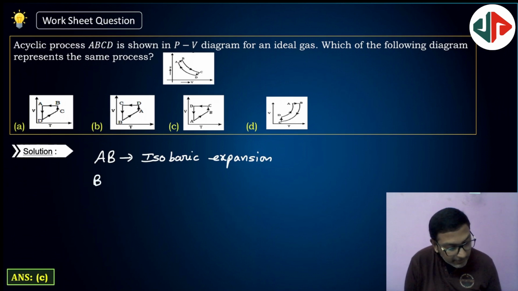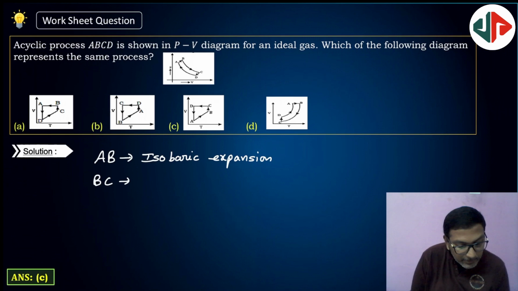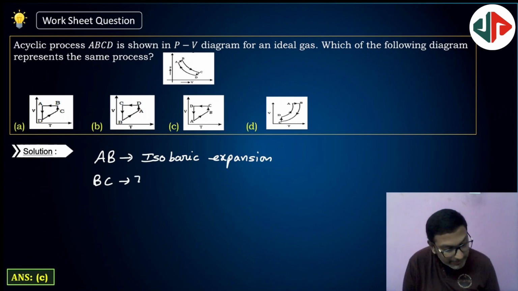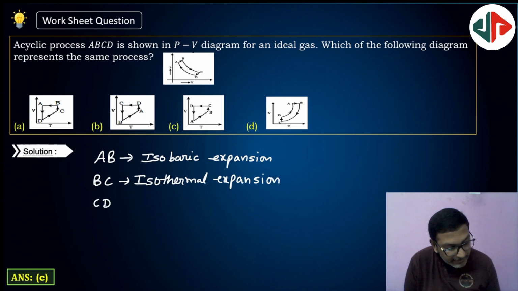Next, BC is isothermal expansion. Next, CD becomes isochoric process.